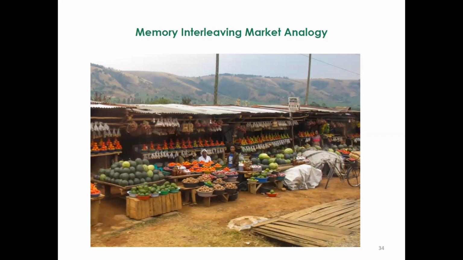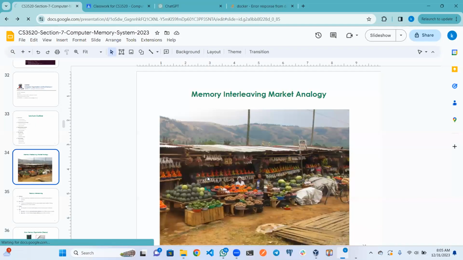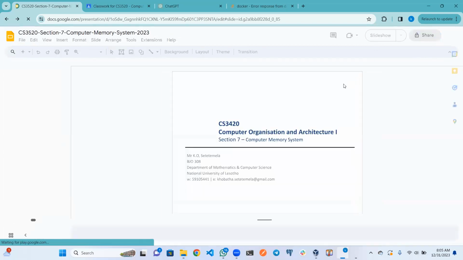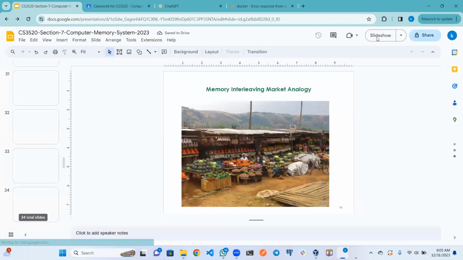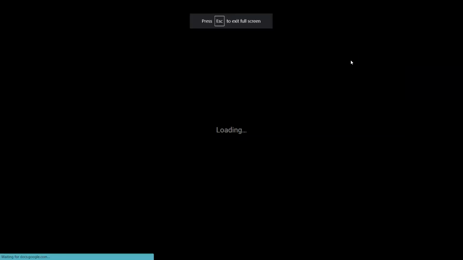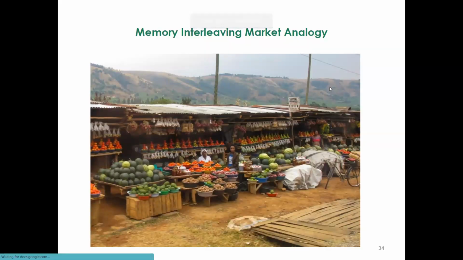So the stalls now bring or mirror the concept of interleaving, where you partition your memory into modules. Each module really is a small memory that can be accessed independently, and can service processor requests.